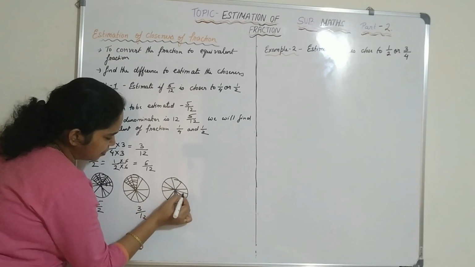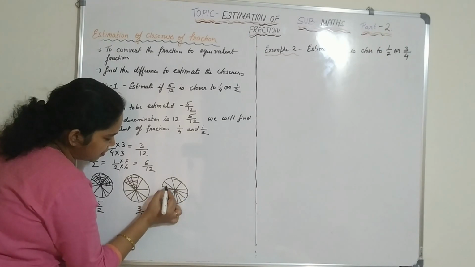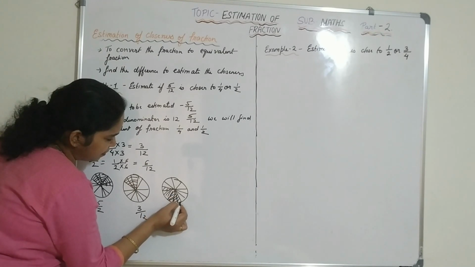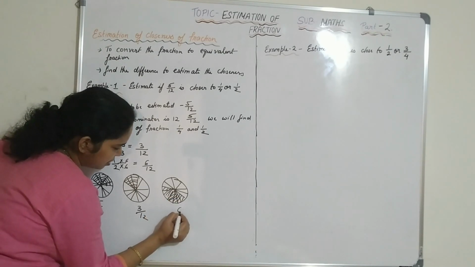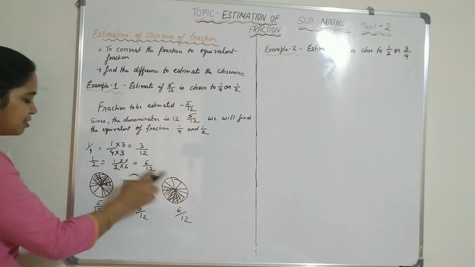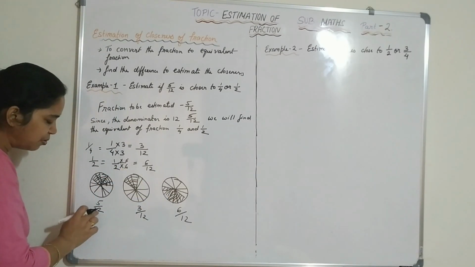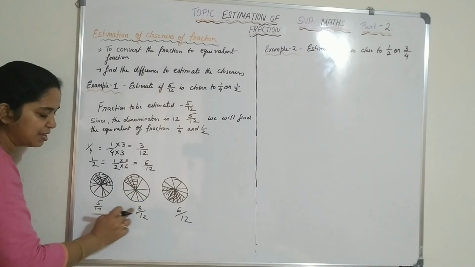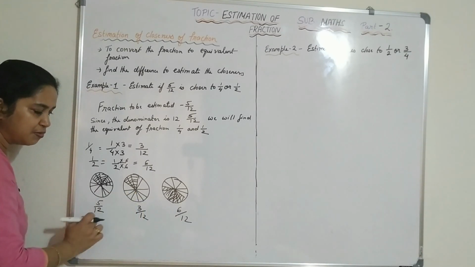1, 2, 3, 4, 5, 6. So it is 6 by 12. If you closely observe all three, there is only 1 place difference from 6 by 12 and 2 places difference from 3 by 12. So which one is closer?